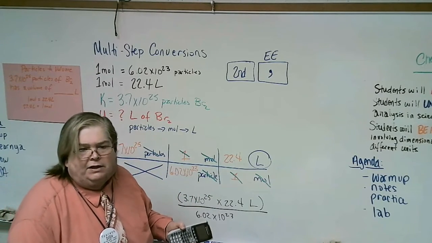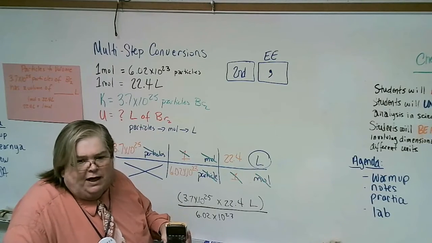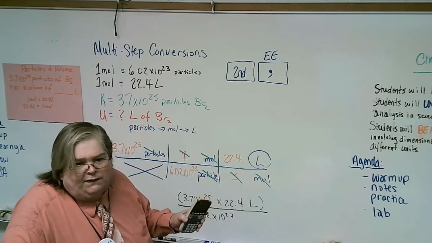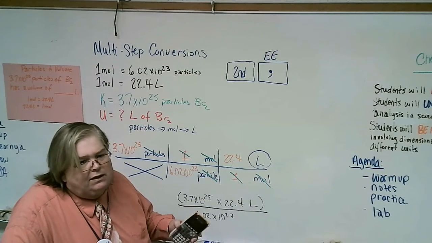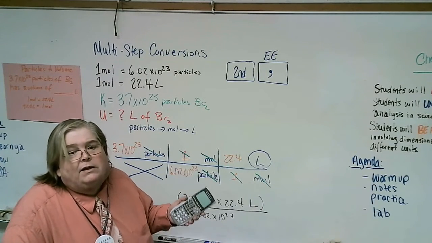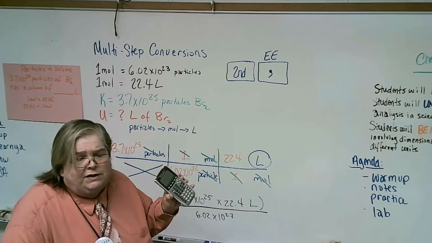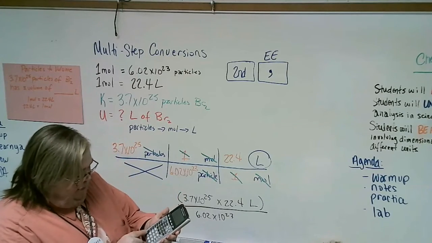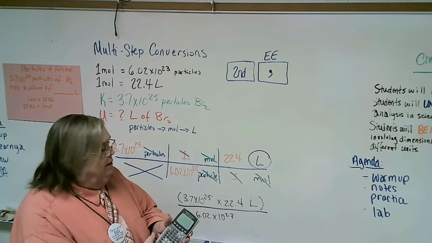I know a lot of y'all like to set it up as a fraction. That's fine, but you still have to remember order of operations. If you don't do your order of operations correctly, you're going to get a wrong answer. So we'll walk through the steps on the calculator together. First things first, turn the calculator on.